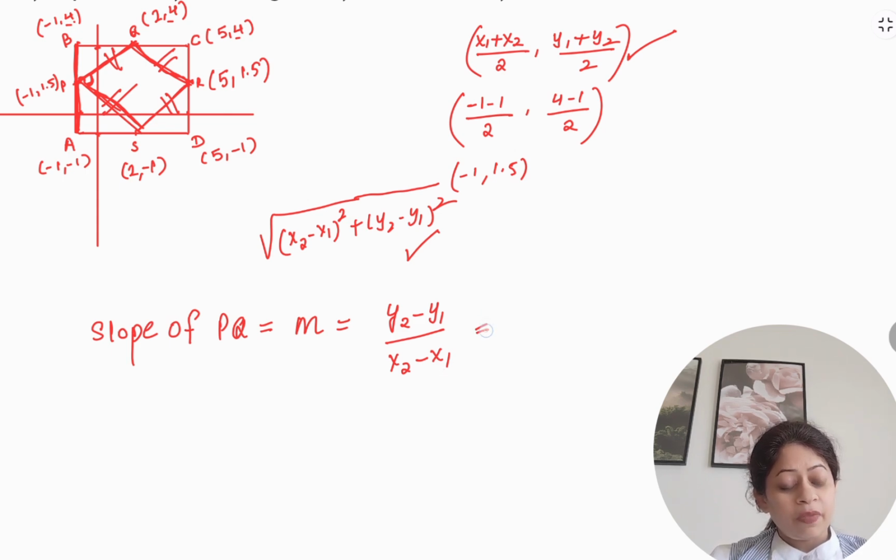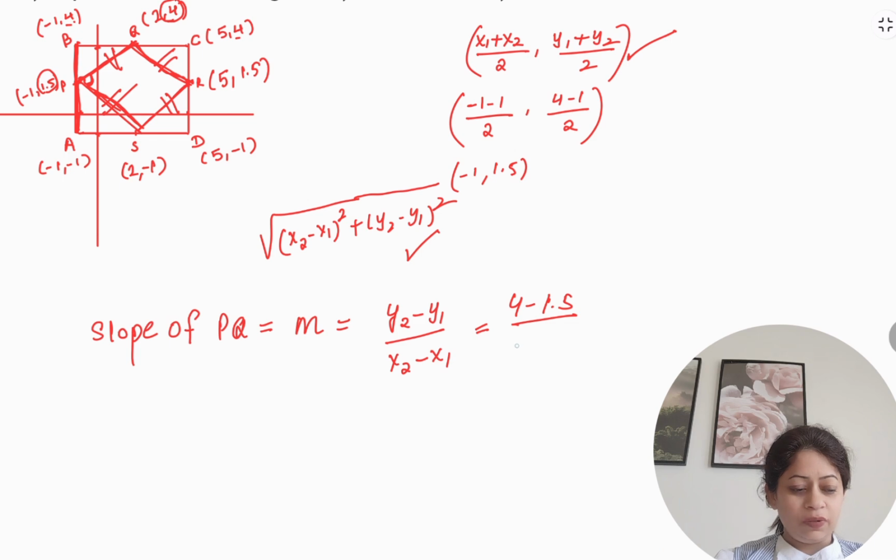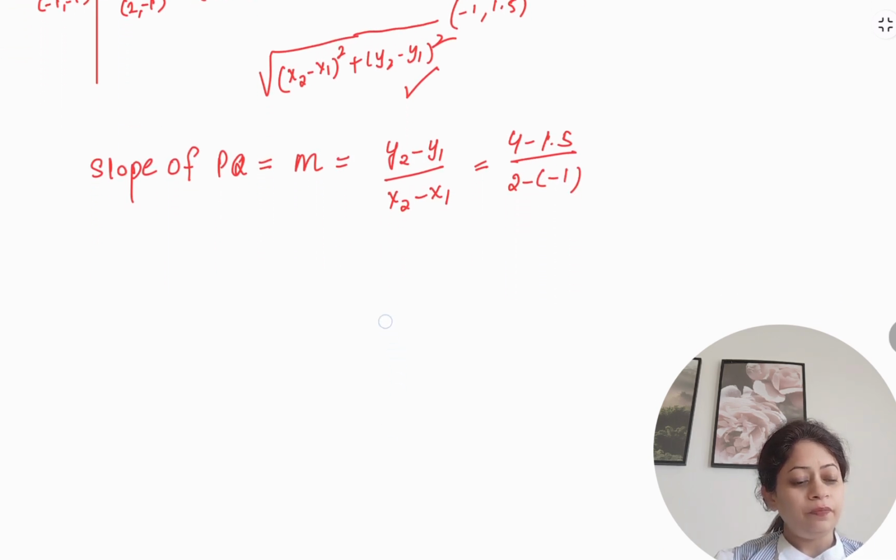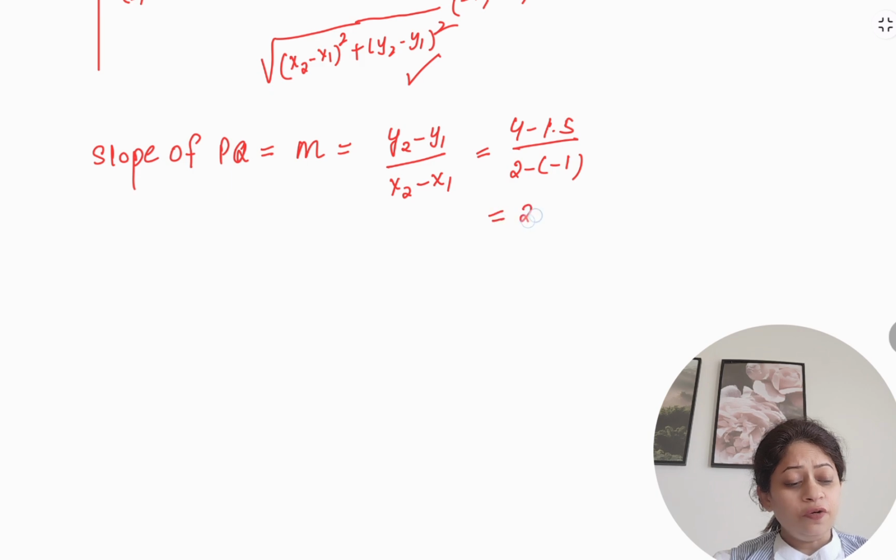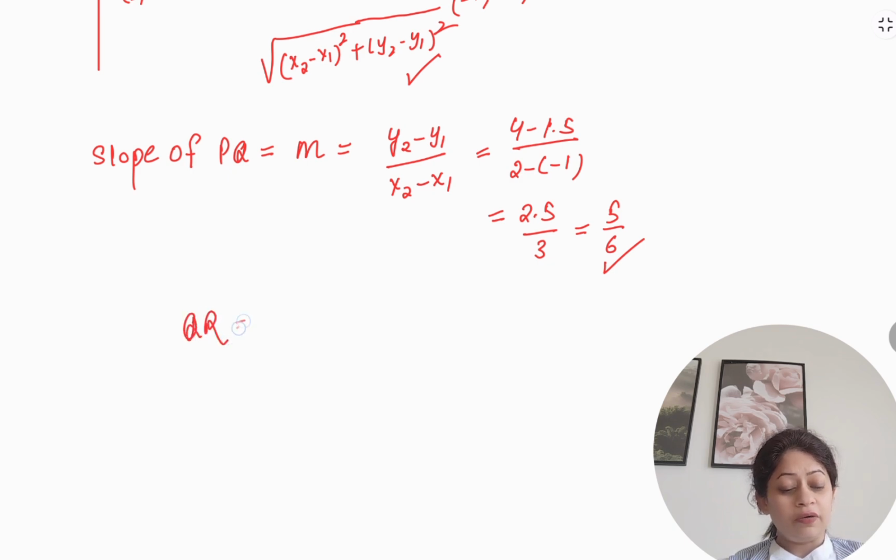4 minus 1.5, by x2 minus x1, so 2 minus (-1). What do we get? 2.5 by 3. If you multiply by 2 in numerator and denominator, it is 5 by 6. Similarly, we can find the slope of QR.